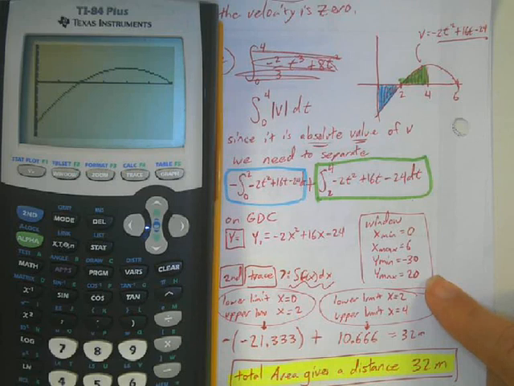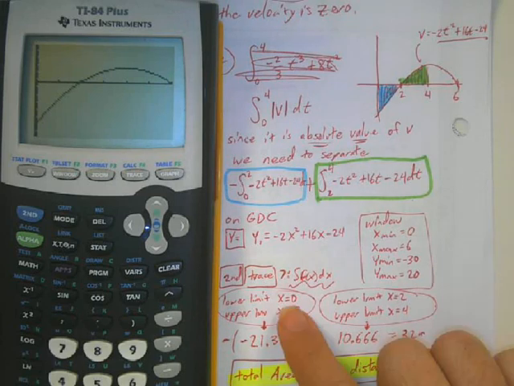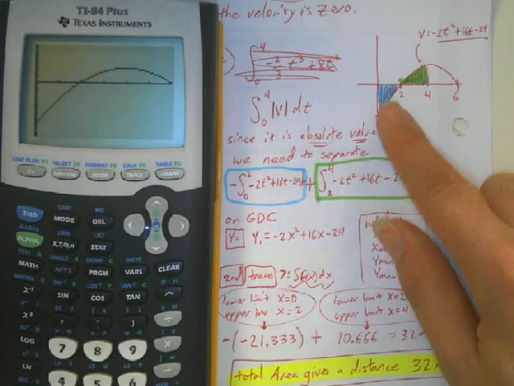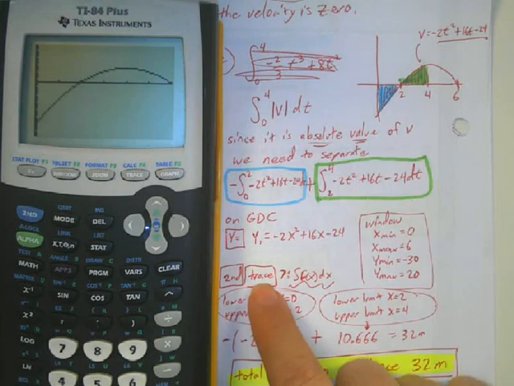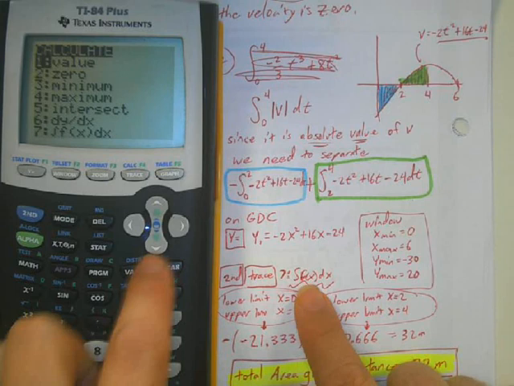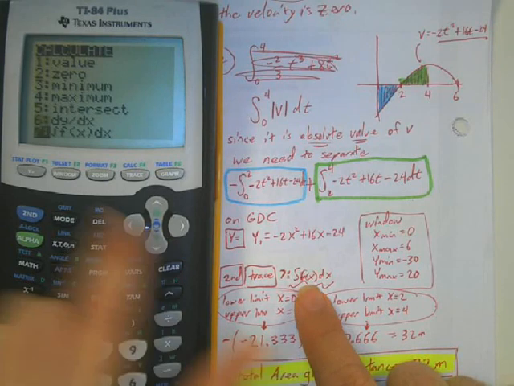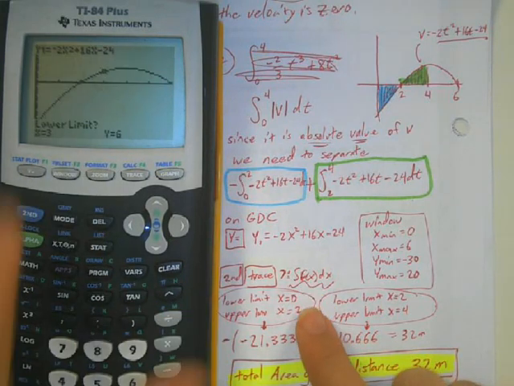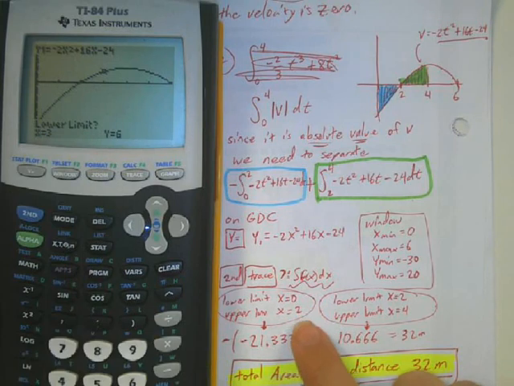Okay, so I want to graph this blue portion. So I have to hit second trace. I'm going to go down to 7 for the integral. I'm going to hit enter, and then it says lower limit, and I'm going to type in 0, and then I hit enter.